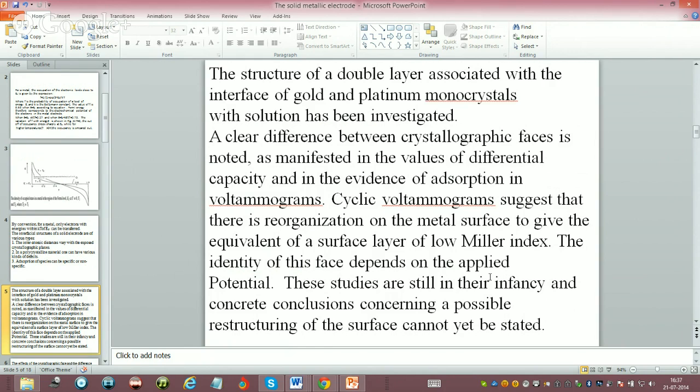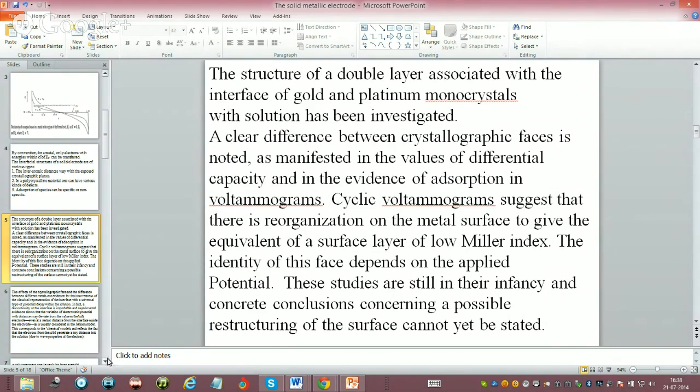For example, when we take a metallic electrode, we assume that it is a metal, but the surface could have got oxidized because of the potential. We'll see later on. Okay, this is what is called restructuring of the surface. So we have to look at this and then understand the electrochemistry that is taking place.